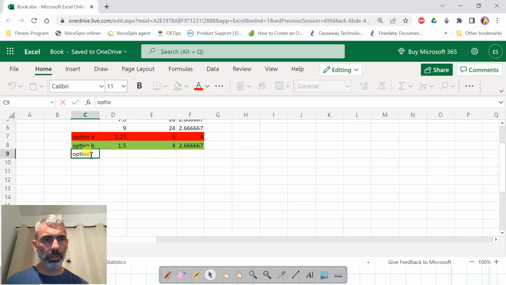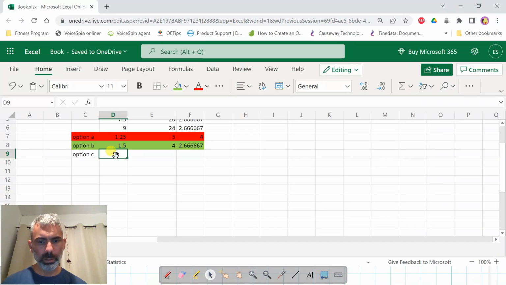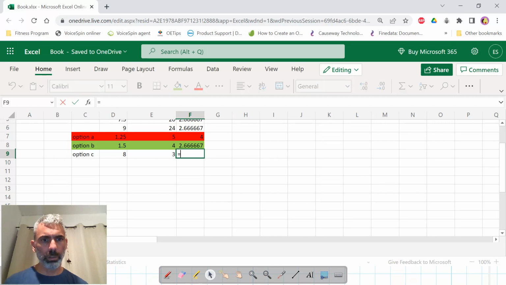Option C, 8 milliliters of red and 3 milliliters of yellow. So this is not logical because we have here more red than yellow. So 8 and 3. And obviously when I divide 3 divided by 8, I will not get the same.